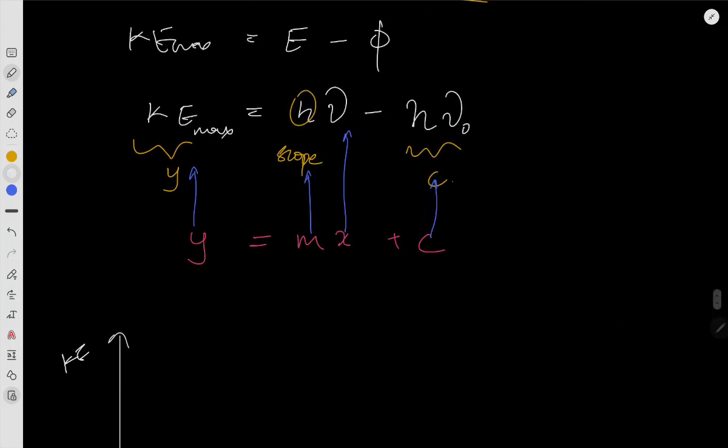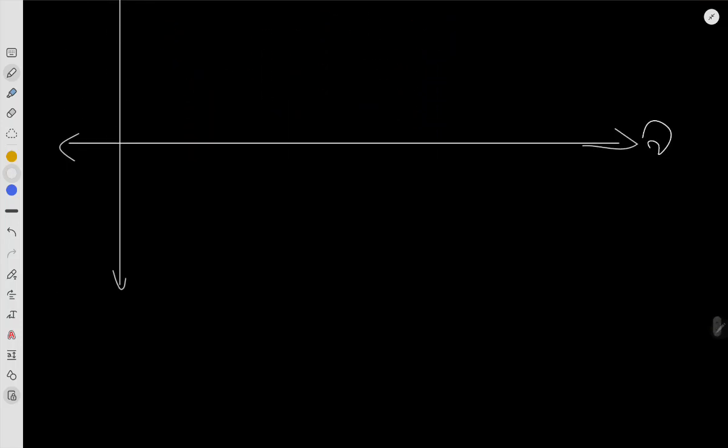This resembles a straight line and its y-intercept is negative, so the graph would look something like this.